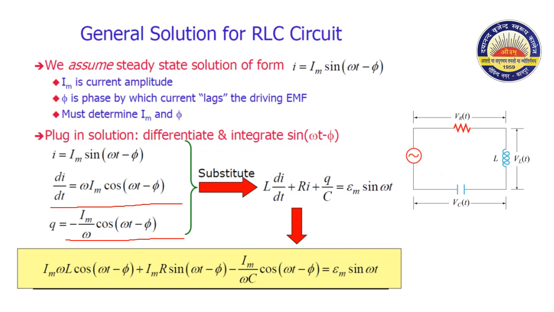Now putting the values of I, di by dt and q in this equation, we get the equation given in the yellow highlighted area.